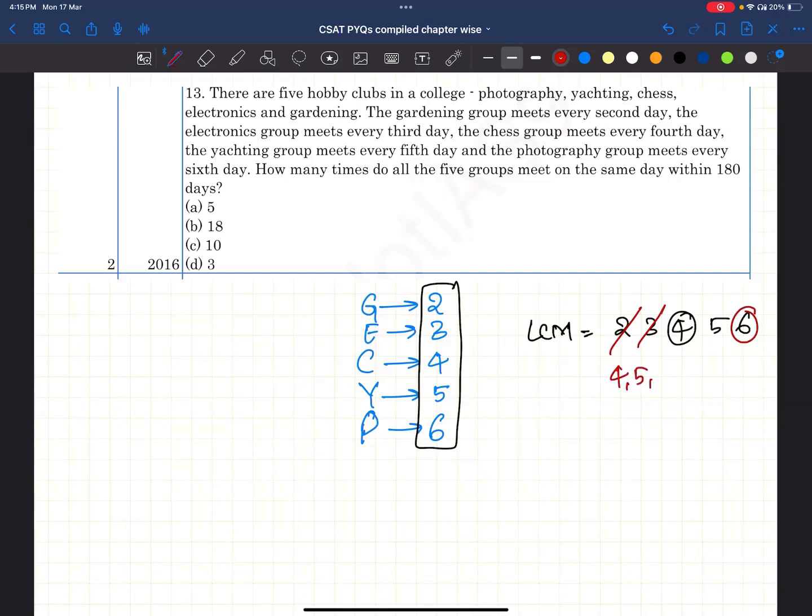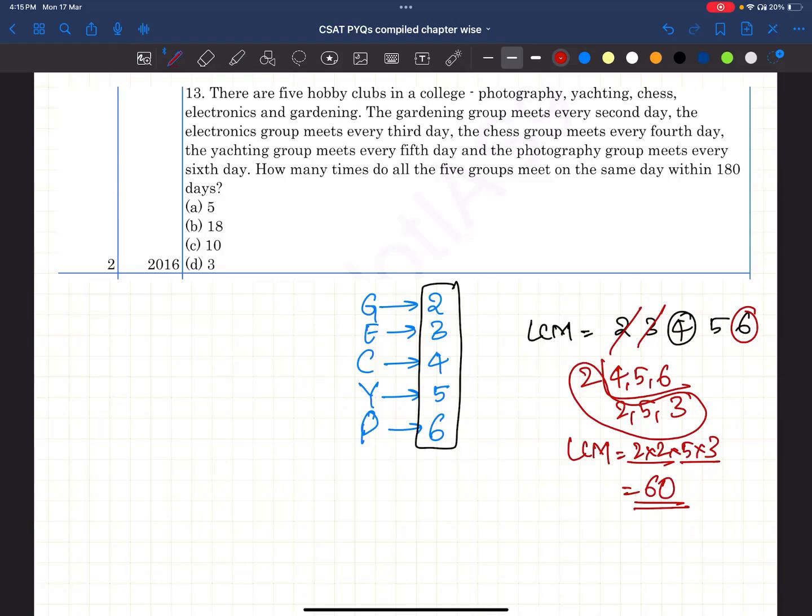So the LCM of 4, 5, 6 is 2 into 2 into 5 into 3, which is 60. That means all the groups meet once in 60 days. He's asking how many times they meet within 180 days. That means 180 by 60.